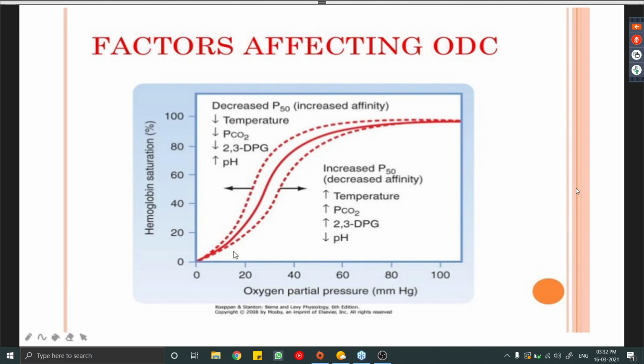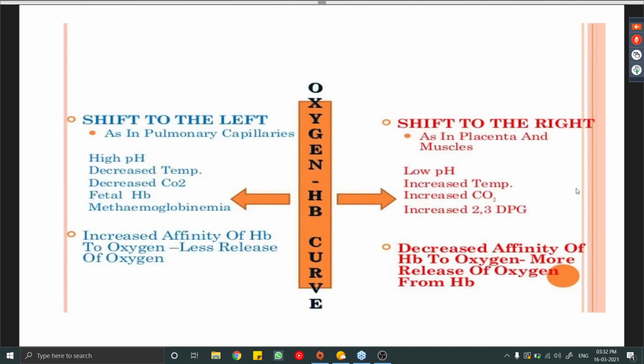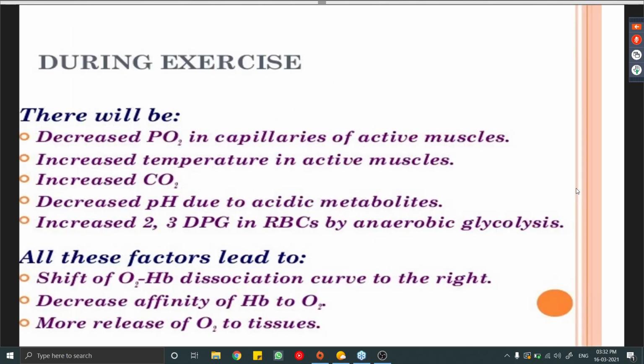All these factors lead to shifting of the ODC curve towards the right, whereas the opposite factors, like decreased temperature, decreased PCO2, increased pH, and decreased 2,3-DPG, shift the ODC curve toward the left. So these are the various conditions in which oxygen hemoglobin curves shift towards the left and towards the right.